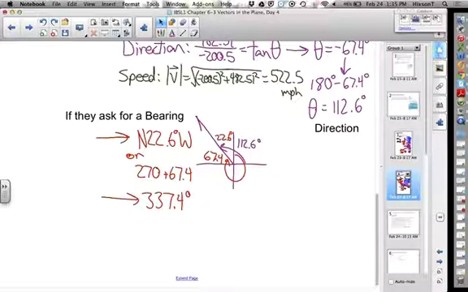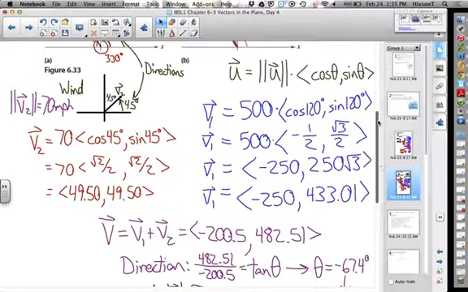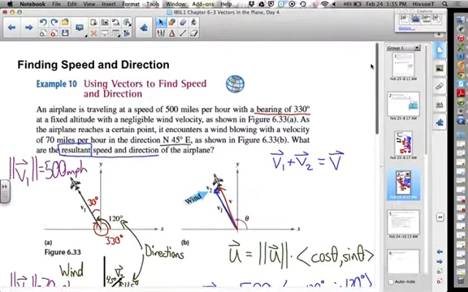Alright, so I wanted to go over that example with you. It's a good example and it shows you how we can put different vectors together and then find out the result. This is why we need to recognize both vectors that are given as a magnitude and direction, but also recognize vectors that are given in component form.